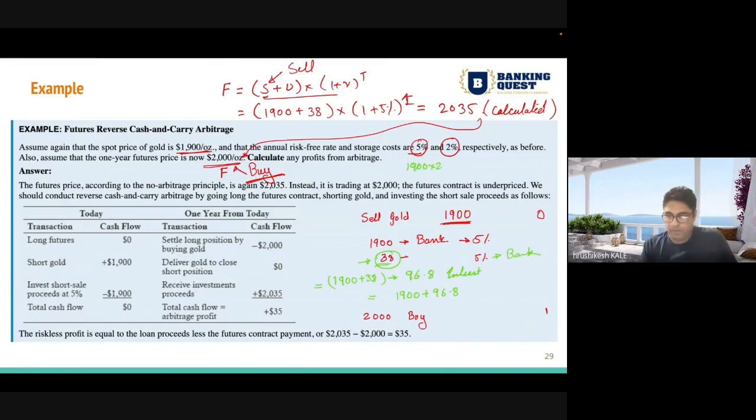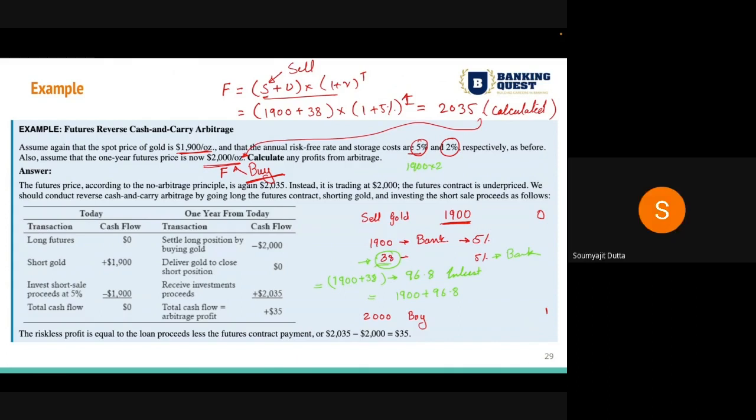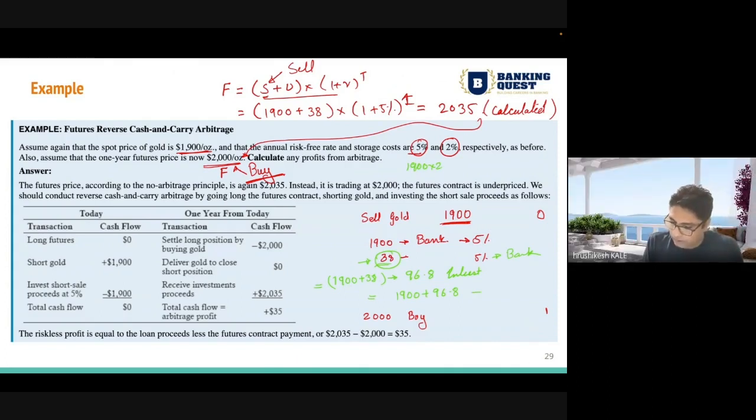And we have purchased it for 2000. Just do the calculation: 1900 plus 96.8 plus storage cost of 38, minus 2000. That is 34.8. This is the profit which we are going to get.